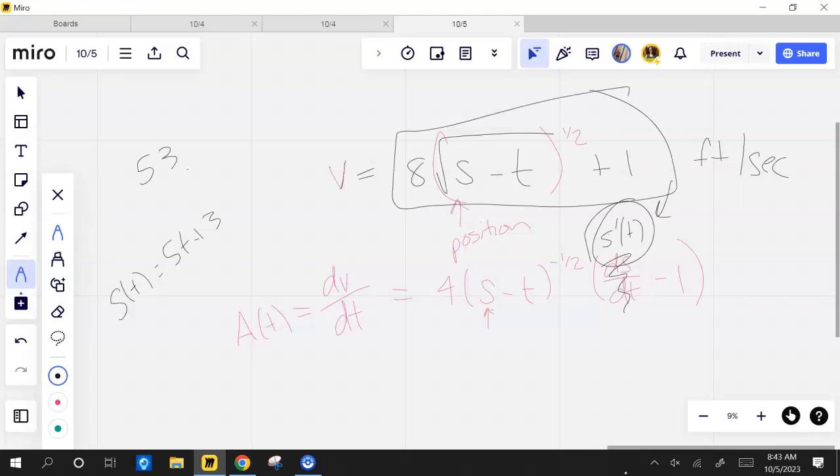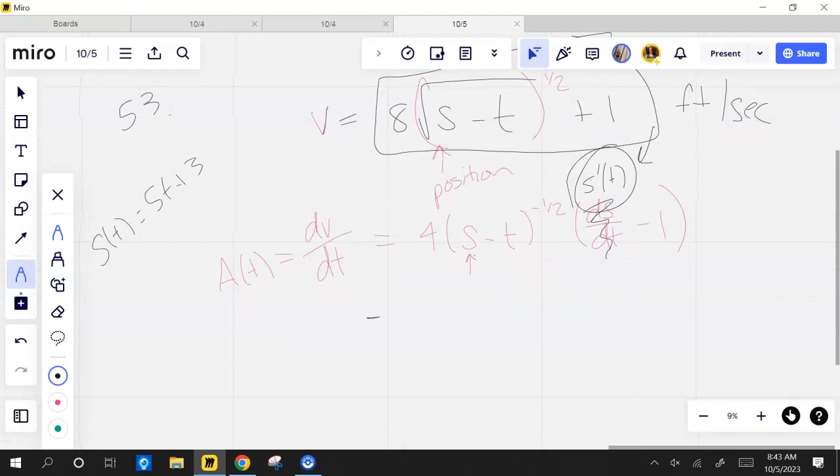That is the derivative of, so plug it in. For s minus t to the negative 1/2, right? If you take the derivative of position, if this is my position and I take the derivative of it, what have I found? Velocity. What was I given to start with? So if you agree that this is interchangeable, then I'm just going to plug it in there.